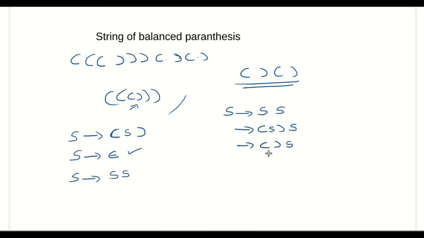Okay, now replace this S with this production S gives opening S closing, so this will be like this. Okay, now replace this S using the production S gives epsilon, so the resultant string will be like this.